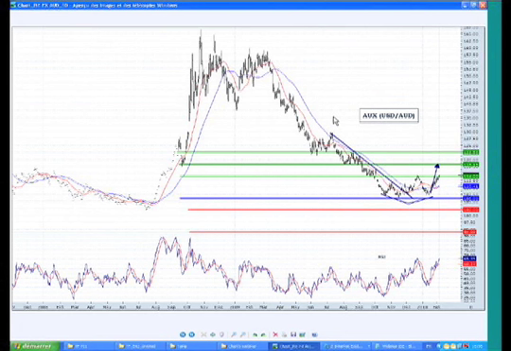I saved the charts from the previous webinar with Cyril Bercock in the middle of January. This was his anticipation of the AUD/USD ticker, the Australian dollar against the US dollar. I told you the last time that the pair was shaping a kind of rounding bottom, you can see there.